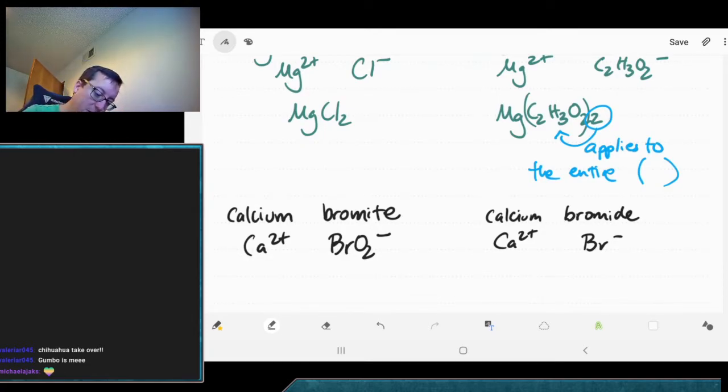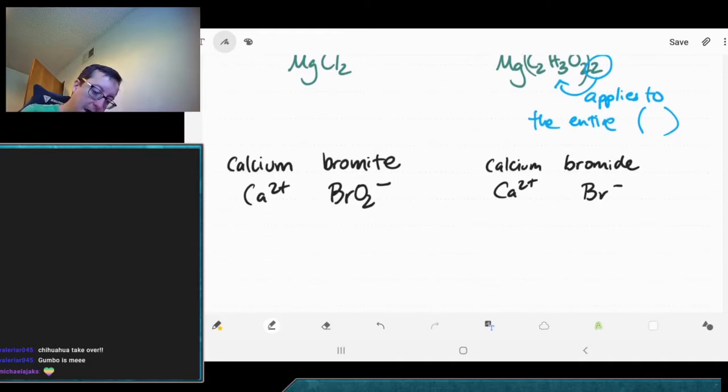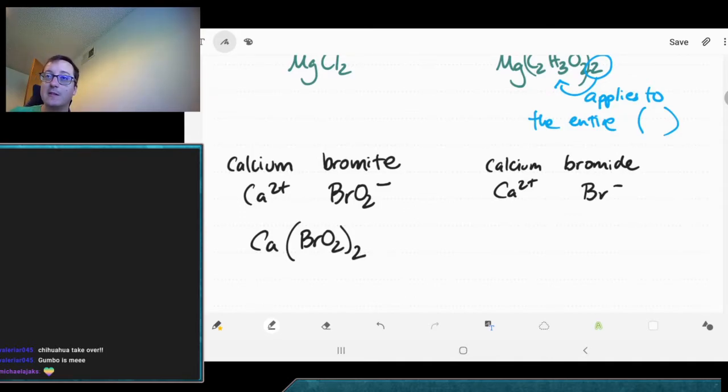So, if we put these together, calcium bromide, we see if we crisscross, we're going to put a 2 with bromide and a 1 with calcium. Remember, since there's 2 bromides here, we need parentheses.